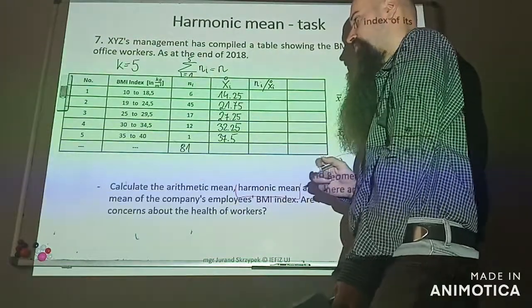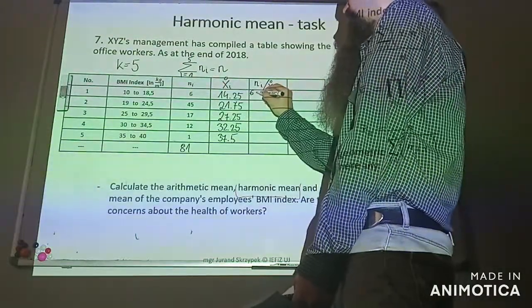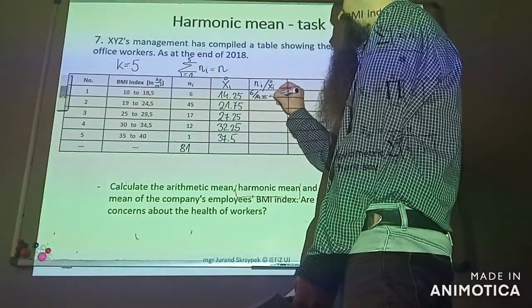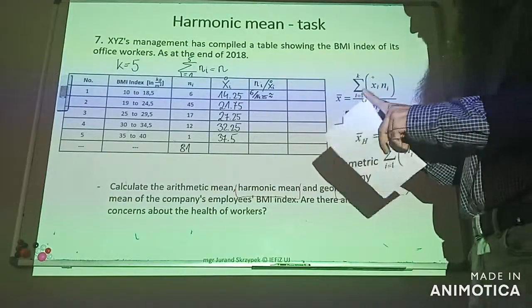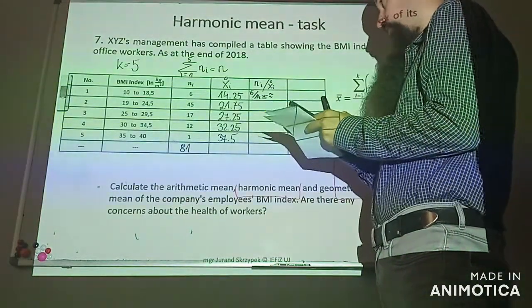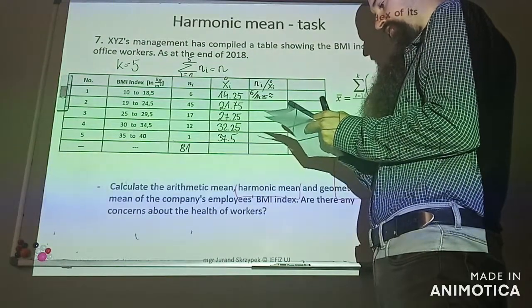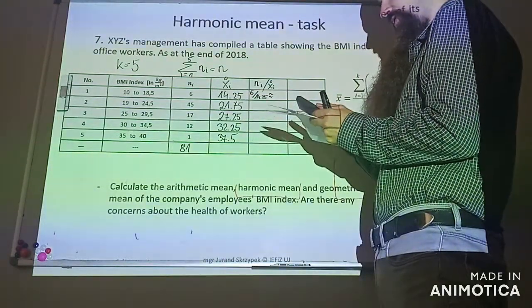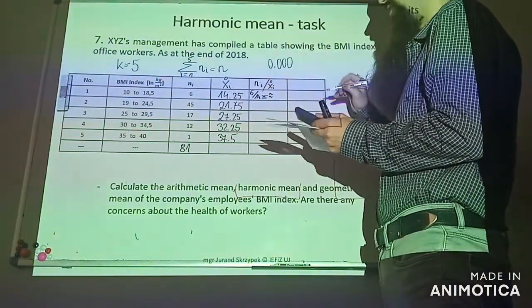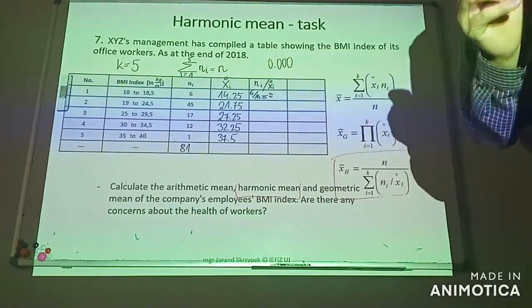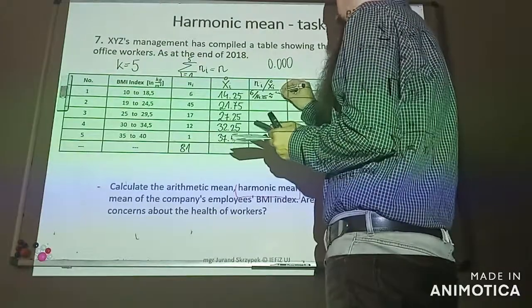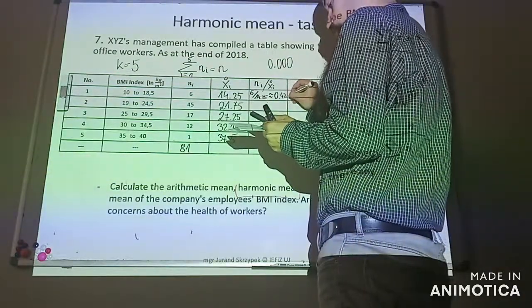Here we have what? 6 divided by 14.25, and it is approximately, let's assume that the accuracy is 3 places after the dot, about 0.421.